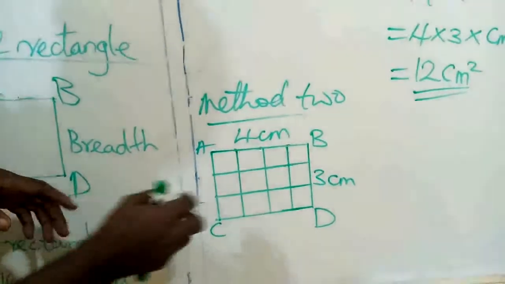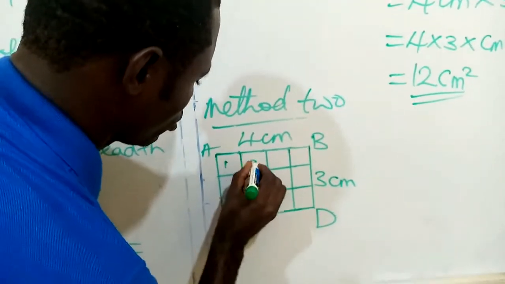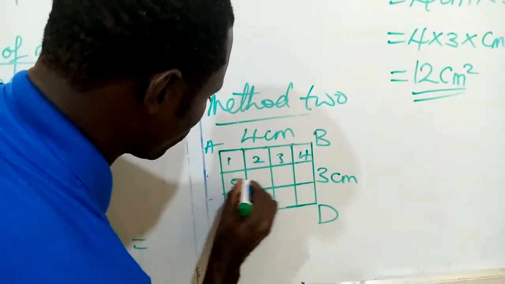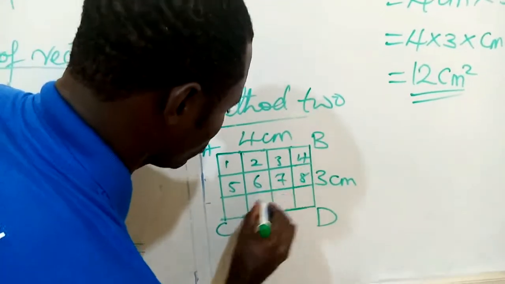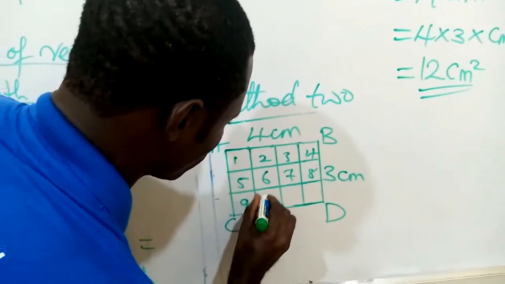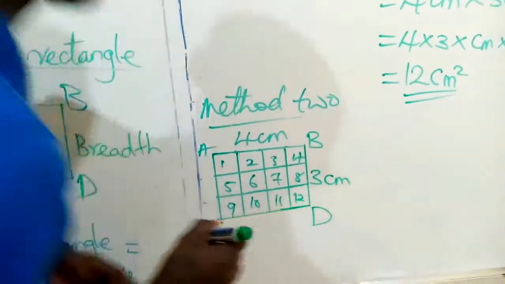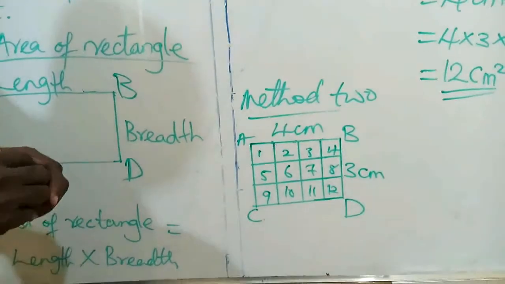Alright, all we need to do is count them. This is 1, 2, 3, 4, 5, 6, 7, 8, 9, 10, 11, 12. So we have 12 square centimeters.